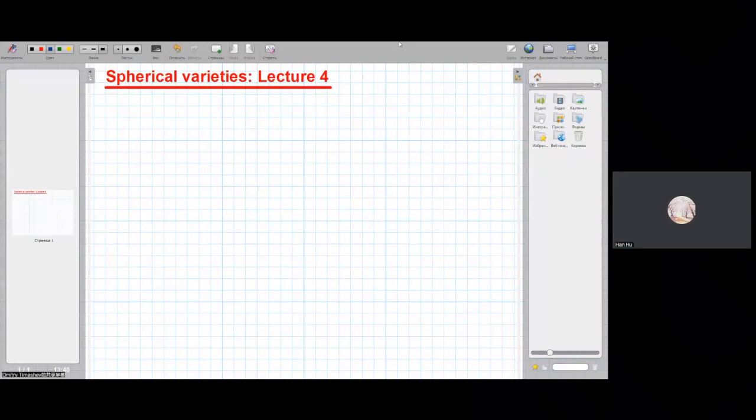Let me start this lecture with a generalization of the Borel-Weil theorem, which we proved in the last lecture. This extension concerns line bundles over partial flag varieties.